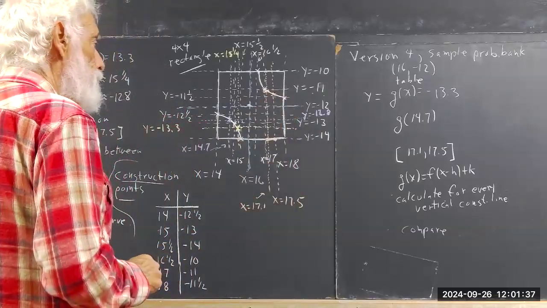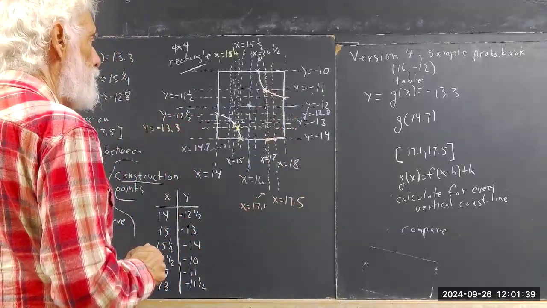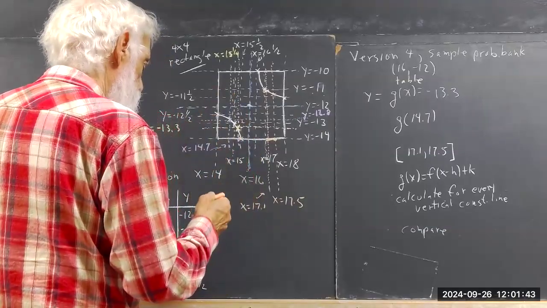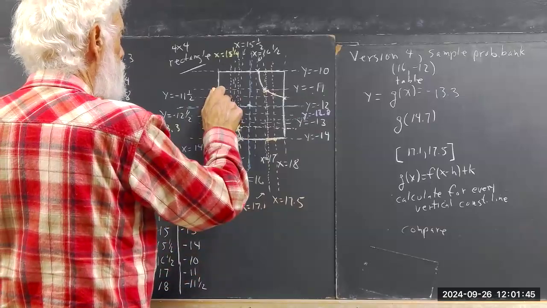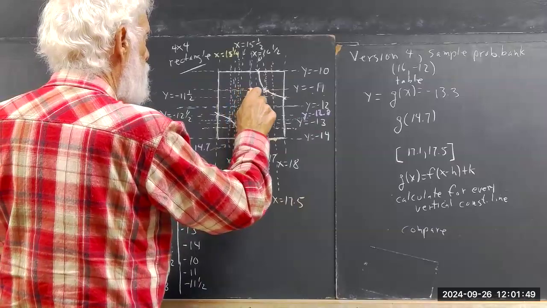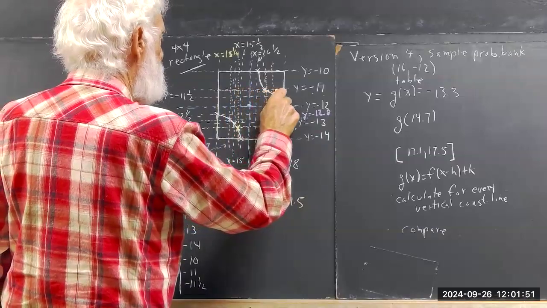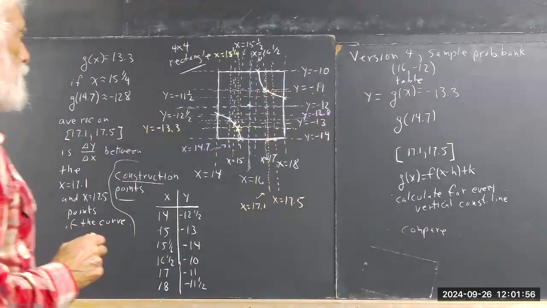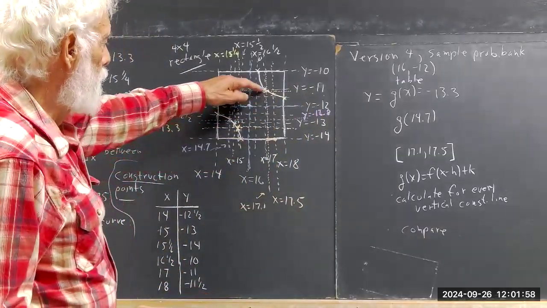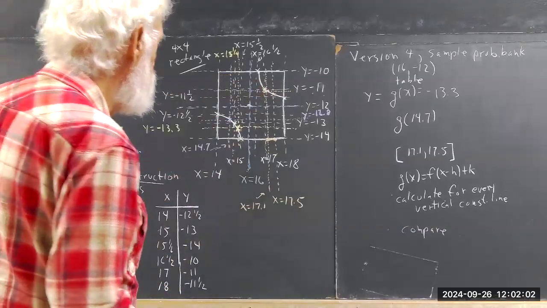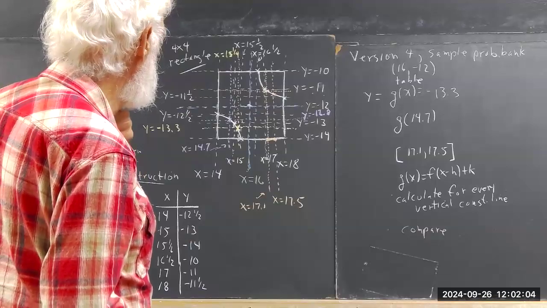Now there are a couple of lines that we could label, and I'm going to attempt to do that. It might turn out to be a little hard to read. It might even be a little hard to see these dotted lines. Here's a dotted line just below y equals negative 11. Now this is between negative 11 and negative 11.5, so I'm going to say this is about negative 11.1.